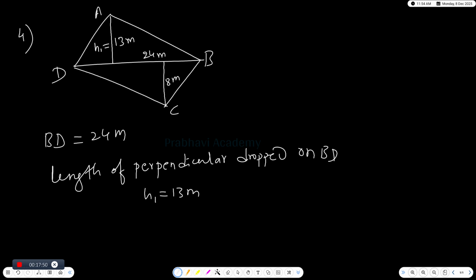This is H1, and H2 is 8 meter. So this I call as H2.